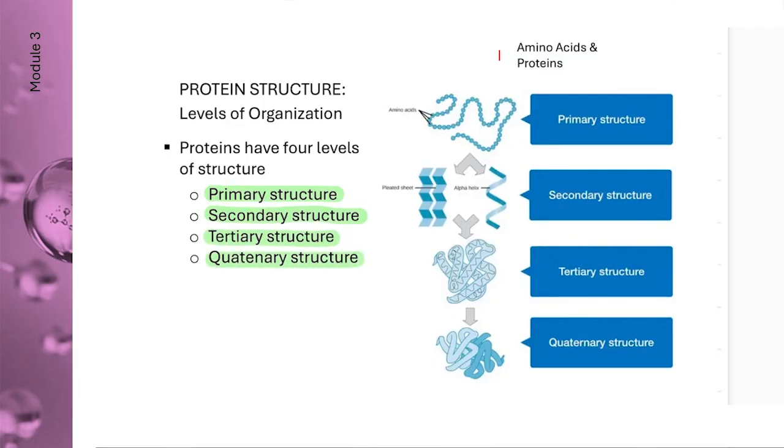So these are the 4 structural levels of proteins, and we can delve into what each of them means. So what makes up the primary structure, what makes up the secondary, what makes up the tertiary, and what makes up the quaternary? So we will be looking at that in the subsequent slides.